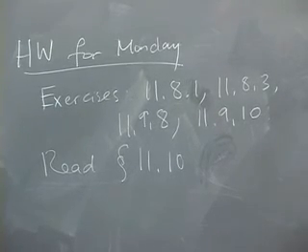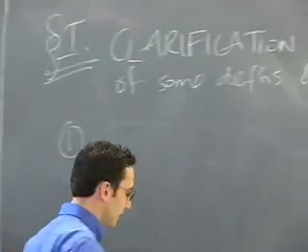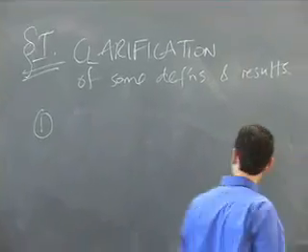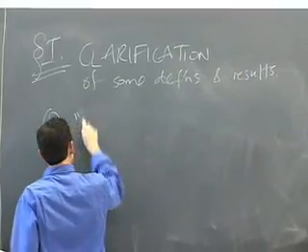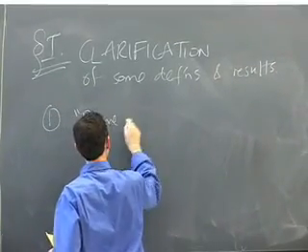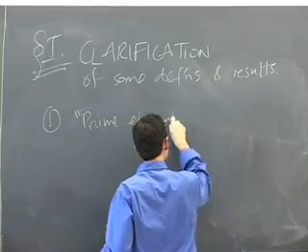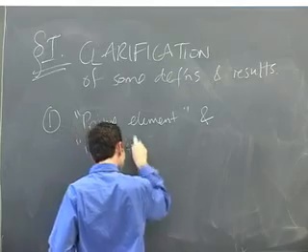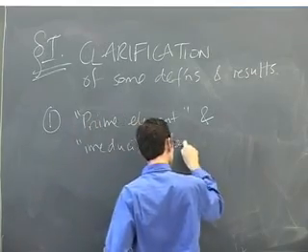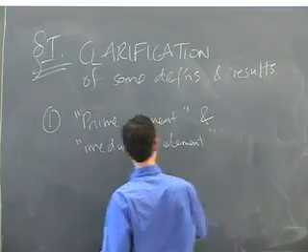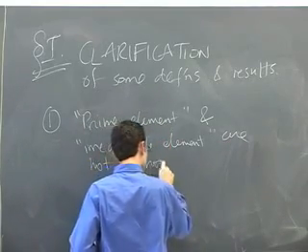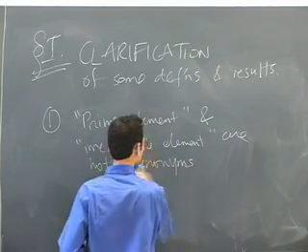Specifically, I want to explain something that was glossed over in a lot of the previous lectures, specifically that prime element and irreducible element are not synonyms. This is an important point.